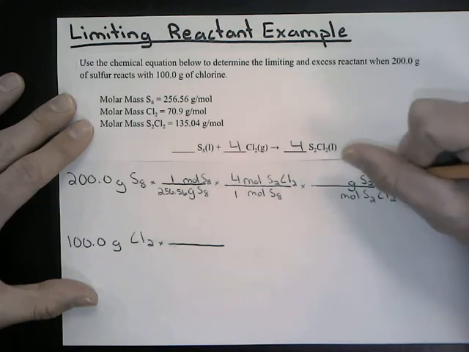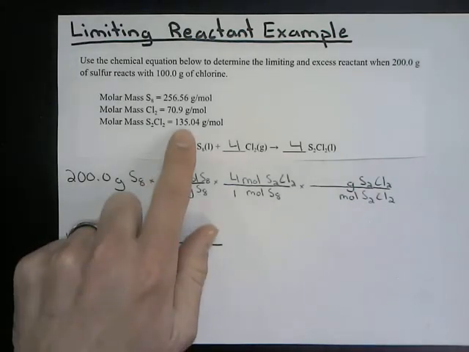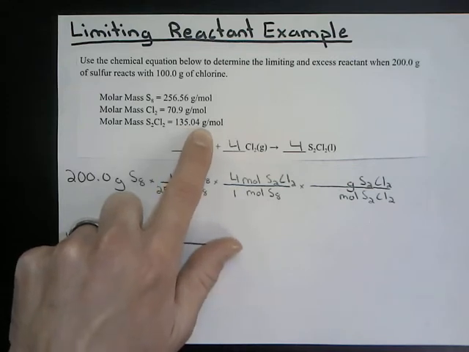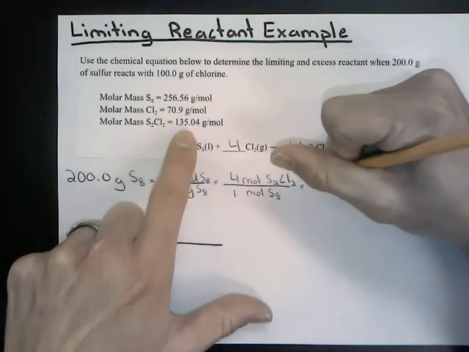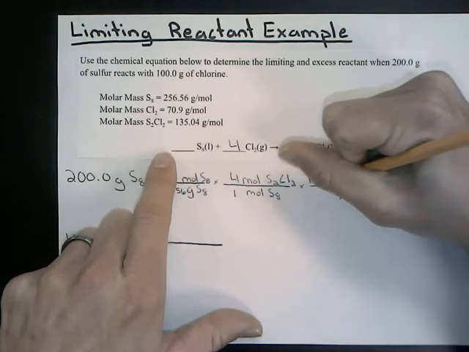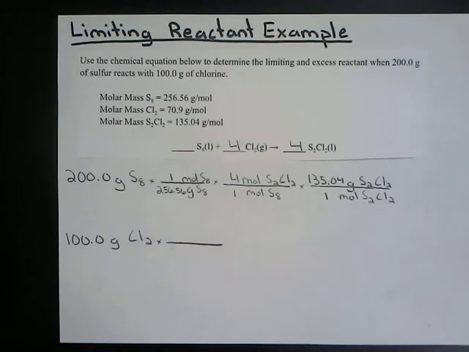Now, again, gram over mole. We turn to the periodic table and we look at our molar mass. The molar mass of S2Cl2 is 135.04 gram per mole. That number is associated with grams, so 135.04 grams per 1 mole.